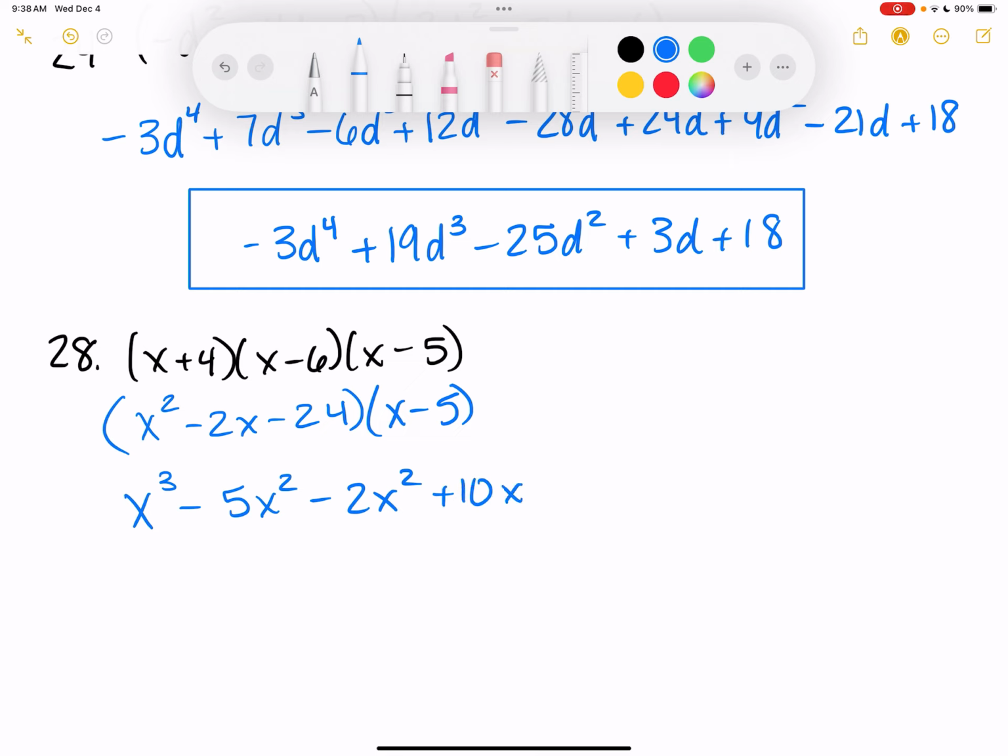Then multiply the negative 24 by the stuff in here: so minus 24x and then plus 120. And then just need to combine like terms, which these are actually in order, which is nice. So x cubed minus 7x squared minus 14x plus 120.